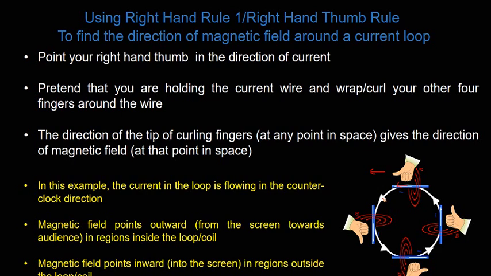We do that, and then the red color circles give us the direction of the field, and we can see that the field is making circles around the coil or along the loop. An important point to note here is that the magnetic field points outward in the region inside the loop. So here it's pointing outward.